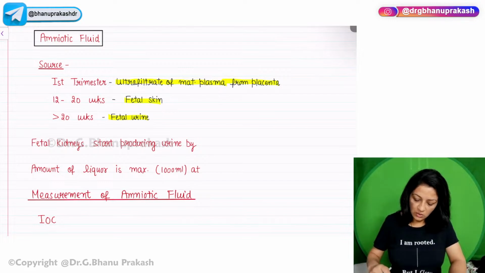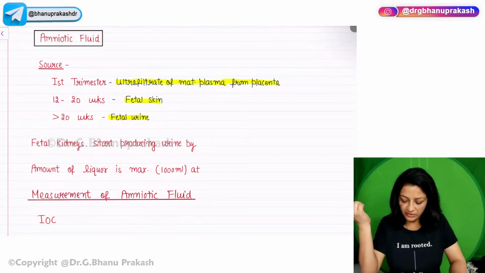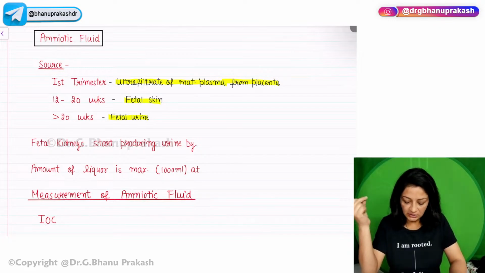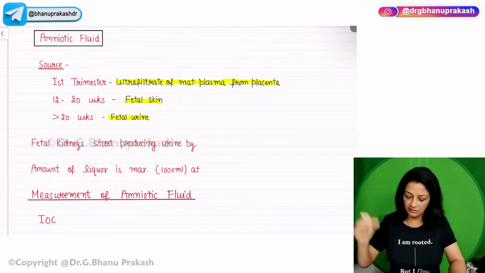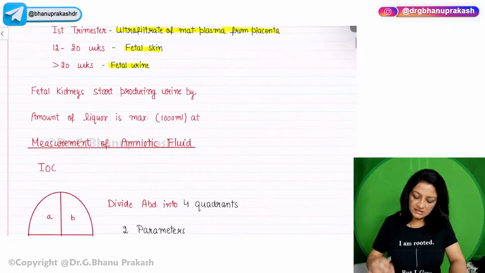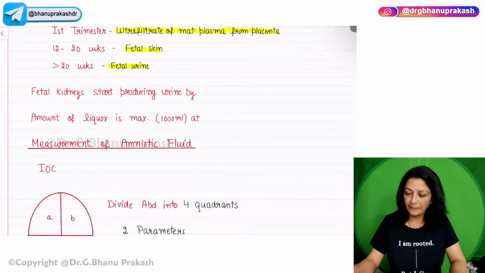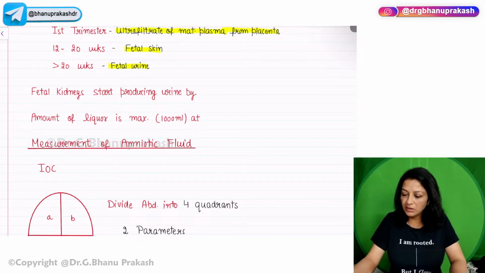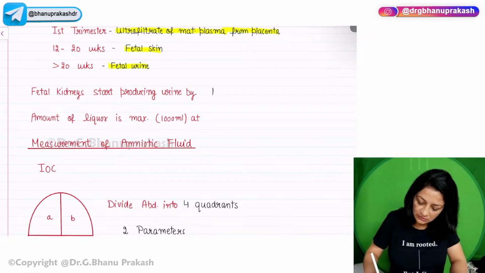After 20 weeks, what will it be? Fetal urine. The fetal kidney starts producing urine by 12 weeks.